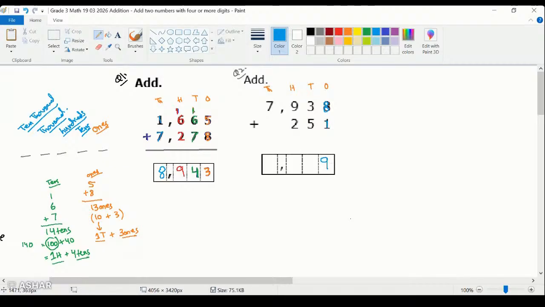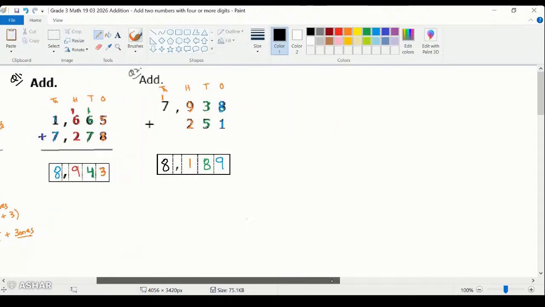We don't have to carry anything because it's less than 10. 3 plus 5 would be 8. 9 plus 2 is 11. We leave the 1 and we carry the 1. And 1 plus 7 is 8. Okay. Do we agree over here?